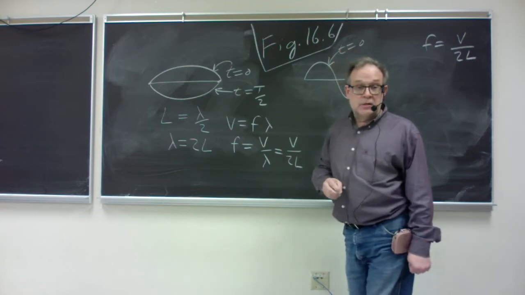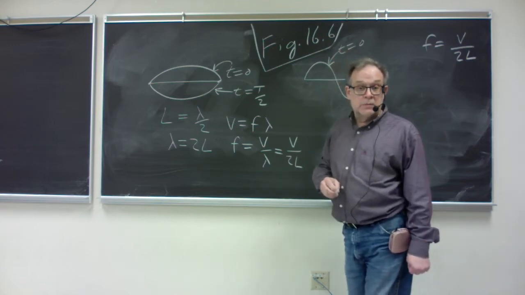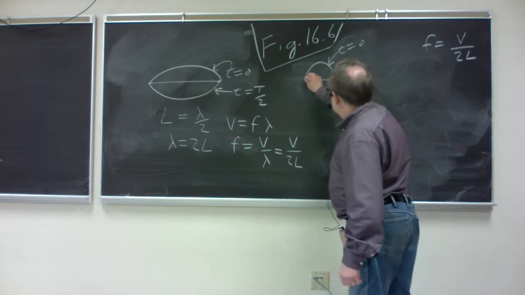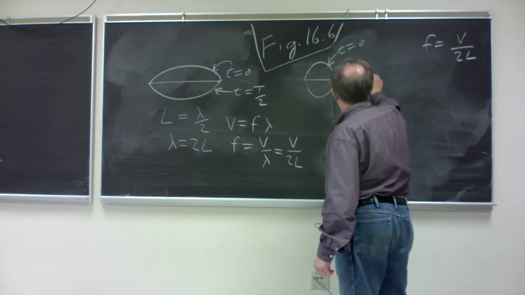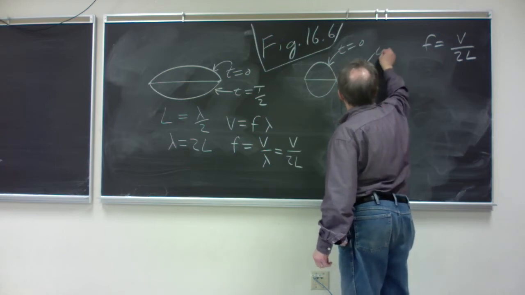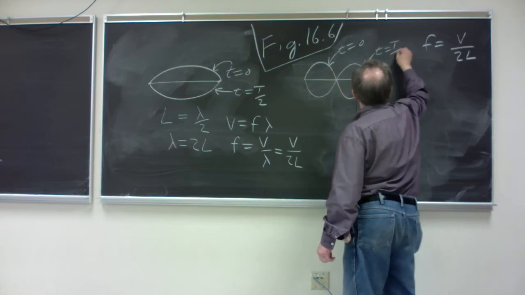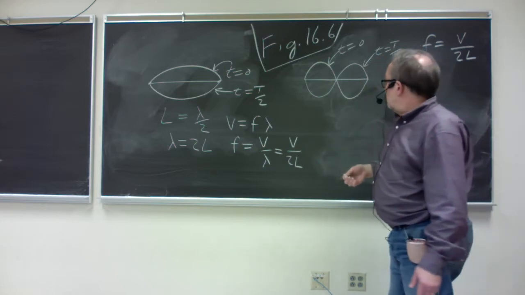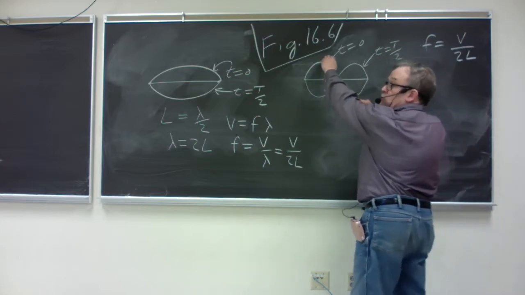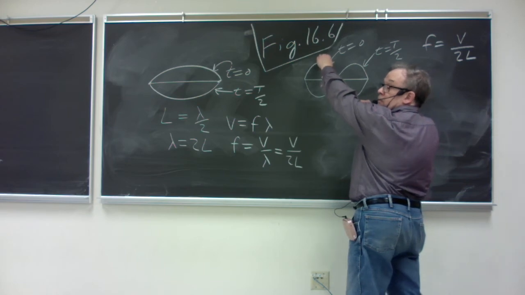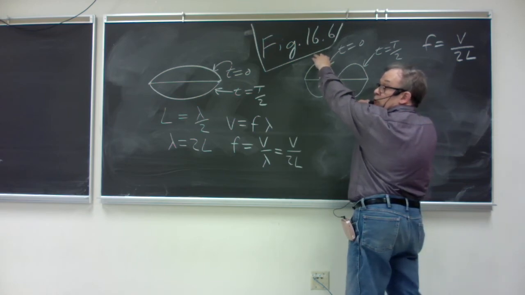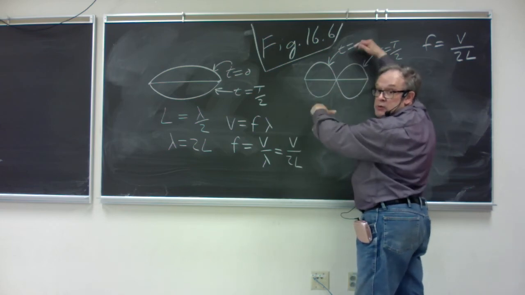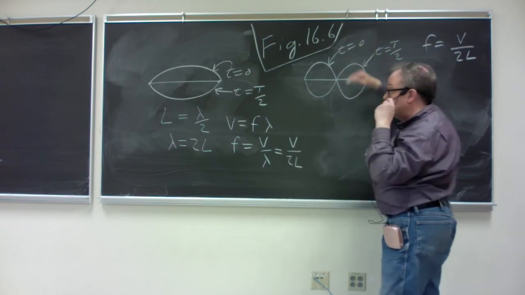And then half a cycle later, everything would be at its maximum displacement away from equilibrium on the other side. And so the string would look like that. In that half a cycle, all points will have moved from their maximum distance away from equilibrium like this to maximum distance away from equilibrium like this.